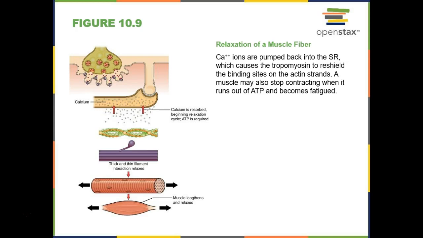But when that stimulus stops up here at the neuromuscular junction, and we stop having acetylcholine being released, then that's going to stop the action potential that's running along the sarcomere, and so we stop having calcium being released into the sarcoplasm. The calcium that's in the sarcoplasm is then going to be retransported back into the sarcomere. Now this takes ATP.